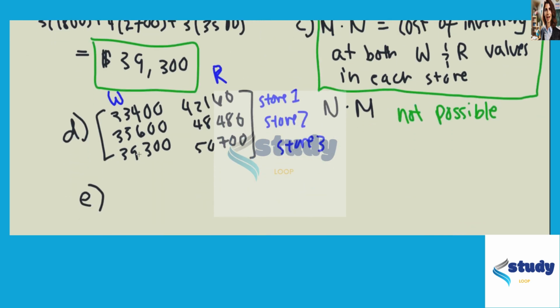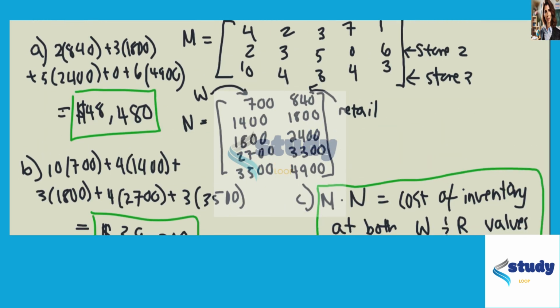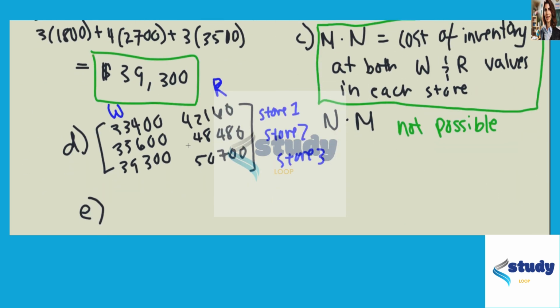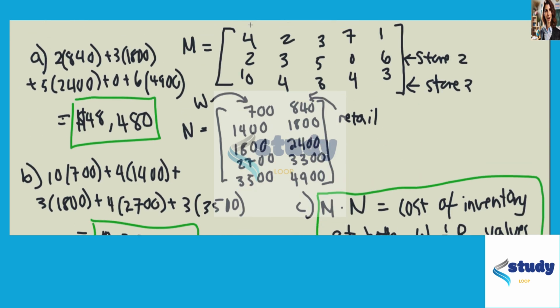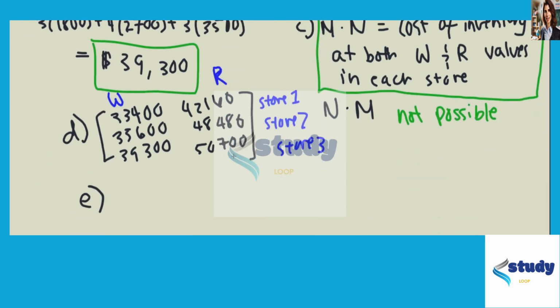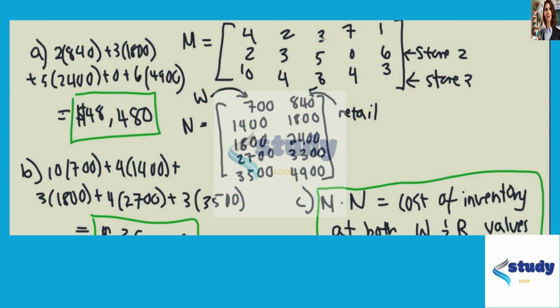This is asking for the total inventory at all 3 stores of each model on hand, and each model corresponds to a column. If we're not finding the value, only the total inventory, we just add all of the columns together.